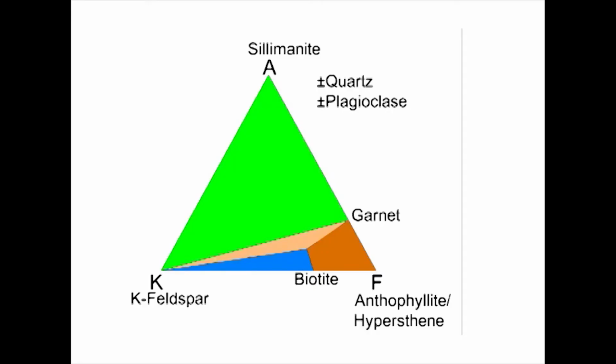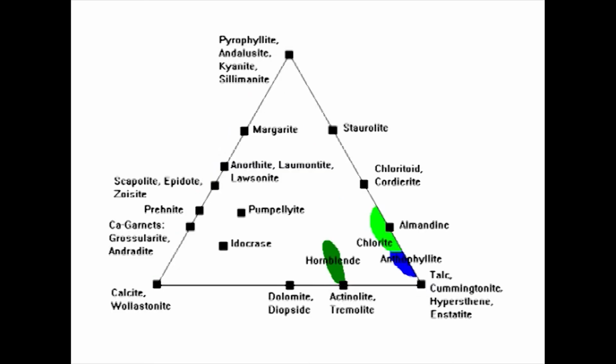A mineral whose composition contains only A and F components occupies the same position in the AKF diagram as in the ACF diagram. Ca-bearing minerals cannot be represented in the AKF diagram.